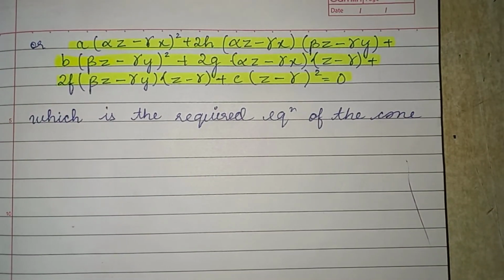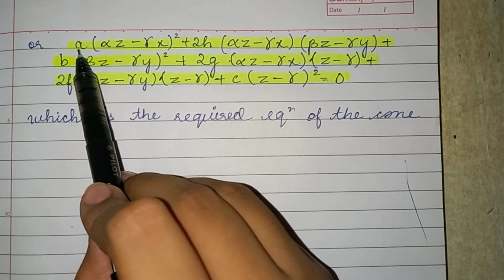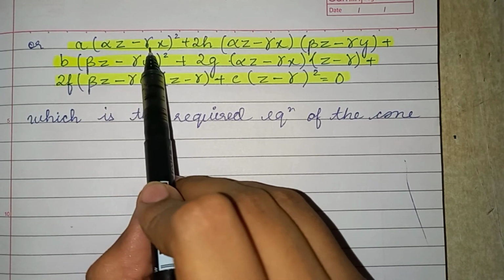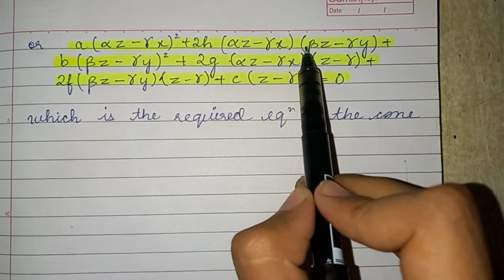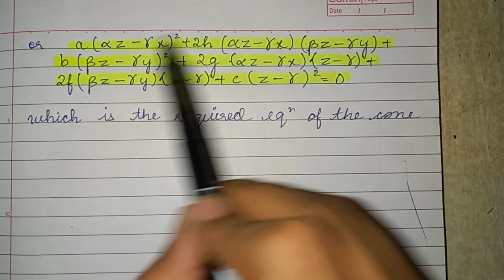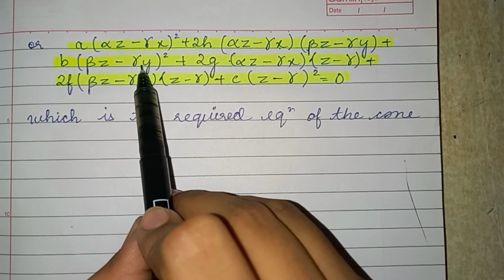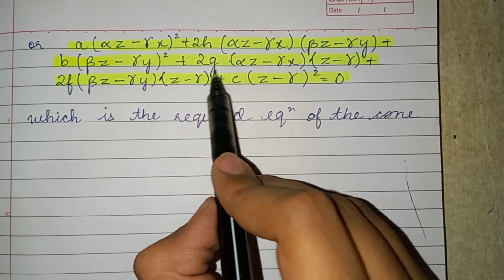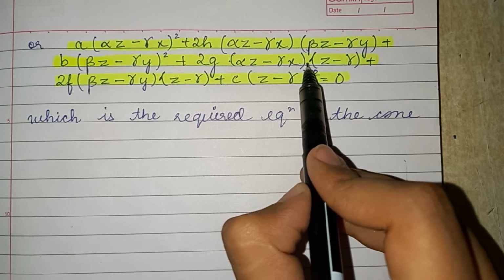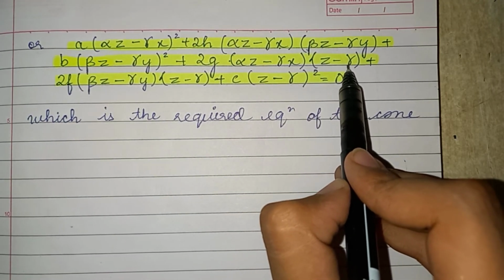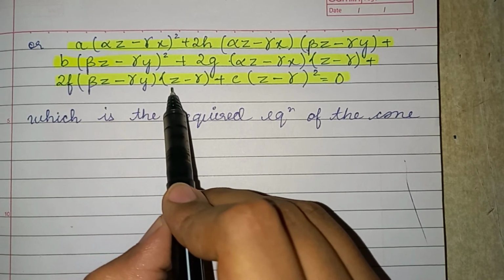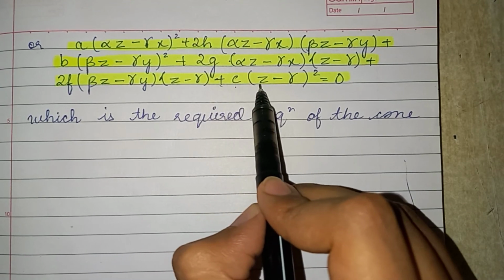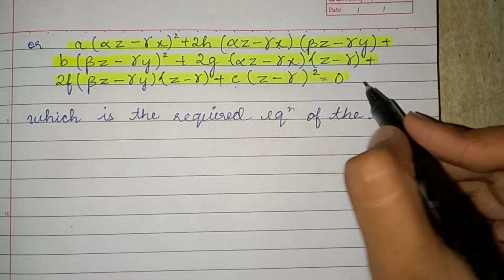On moving further, on solving it, we get our answer as a into (alpha z minus gamma x) whole square plus 2h into (alpha z minus gamma x) into (beta z minus gamma y) plus b into (beta z minus gamma y) whole square plus 2g (alpha z minus gamma x) into (z minus gamma) plus 2f into (beta z minus gamma y) into (z minus gamma) plus c into (z minus gamma) whole square is equal to 0.